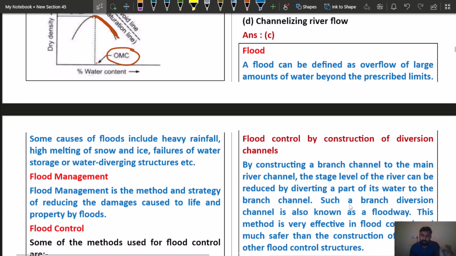This flood is dangerous for human life and for animals. So from a cautionary point of view, we provide special management and strategies to prevent the damage from this flood. This is called flood management.